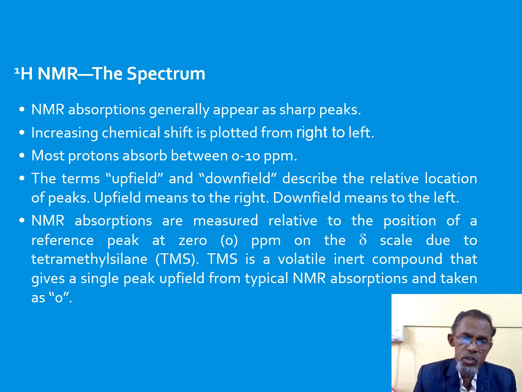It has been taken as 0. This tetramethylsilane has four methyl groups with the silicon in the center, and is known to be inert with respect to the organic compounds which we dissolve in a particular solvent.